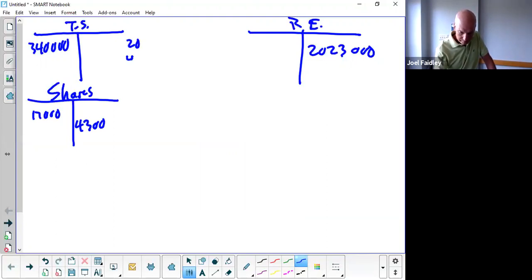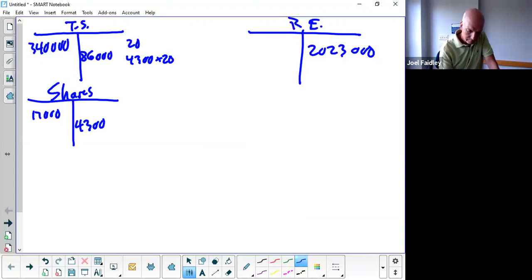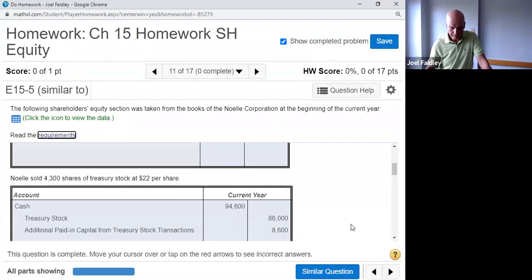So 4,300 times $20, I'll do that in my head: 2 times 3 is 6, about 86,000. It's got to come out at $20, the same way it went in. So there's my 86,000 we just calculated.